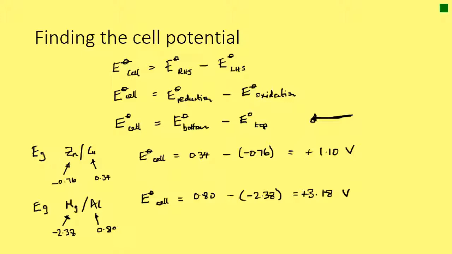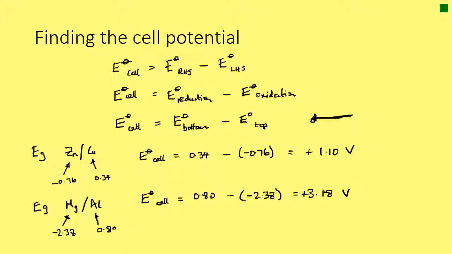So the electrode potential for the cell would be the bottom value, which would be aluminium, which is 0.8, and then you would subtract from that the minus 2.38 of the magnesium, which is going on the top with the anti-clockwise rule, and then that all comes out at positive 3.18 volts.